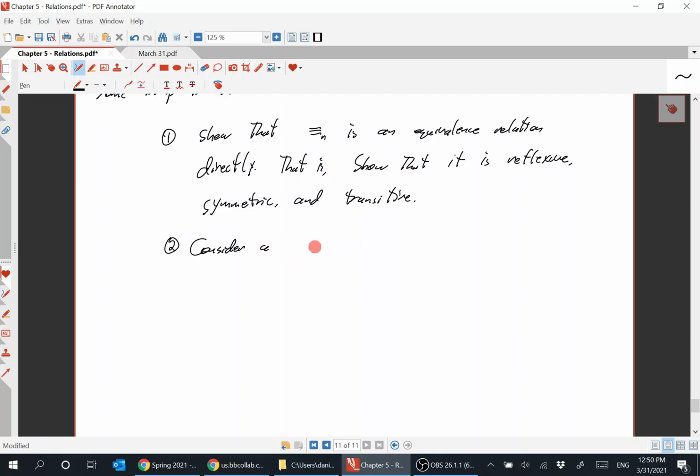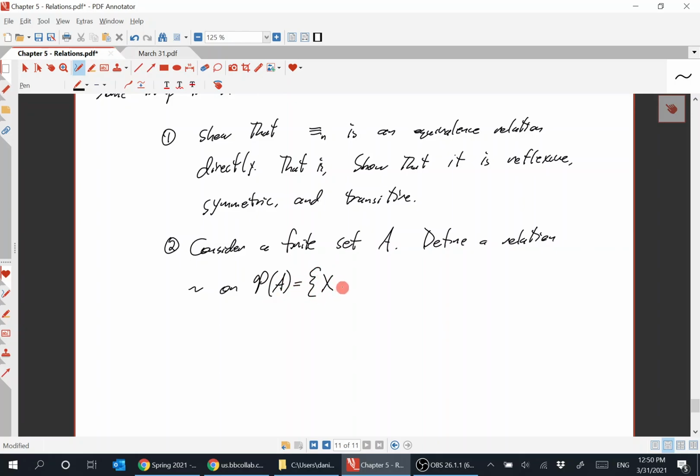Consider a finite set A. Define a relation twiddle on, not A, on the power set of A. What's the power set of A?